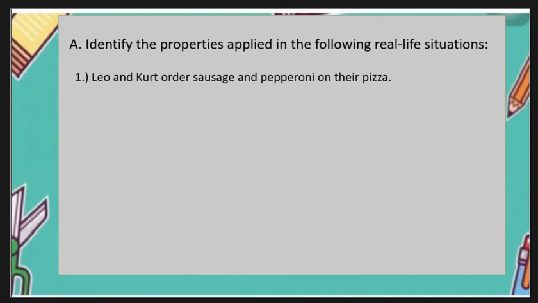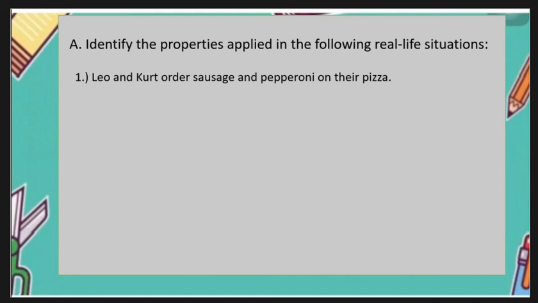So what kind of property is that? Closure property, commutative property, distributive property, identity property, inverse property, or associative property. So identify those 6 properties that I mentioned earlier.